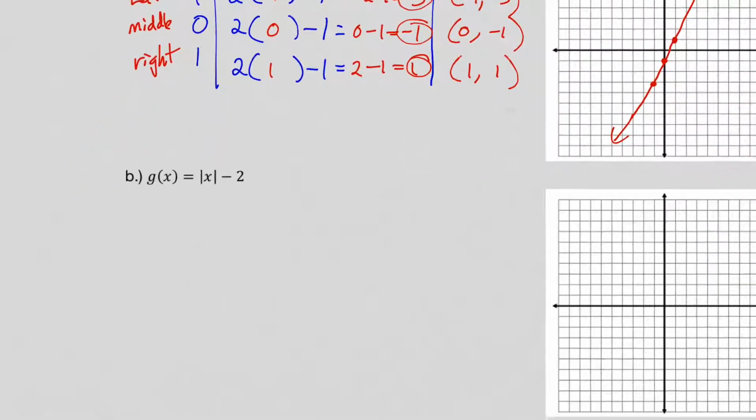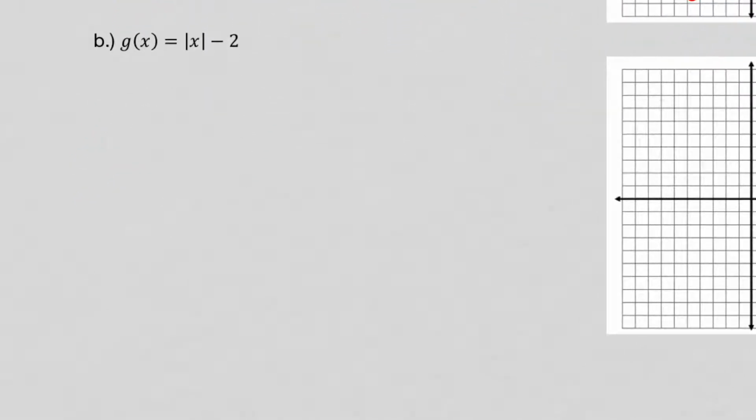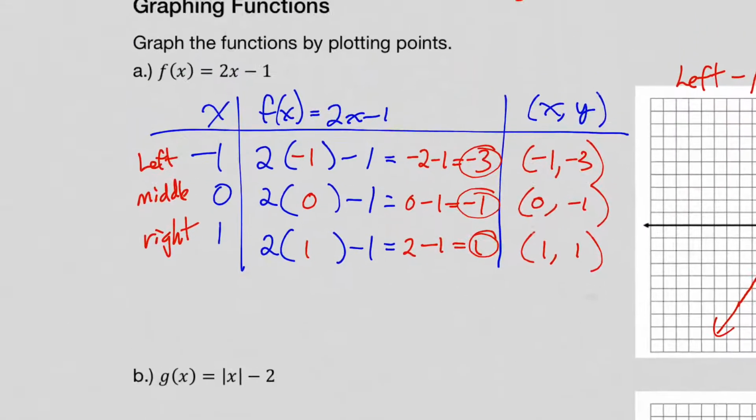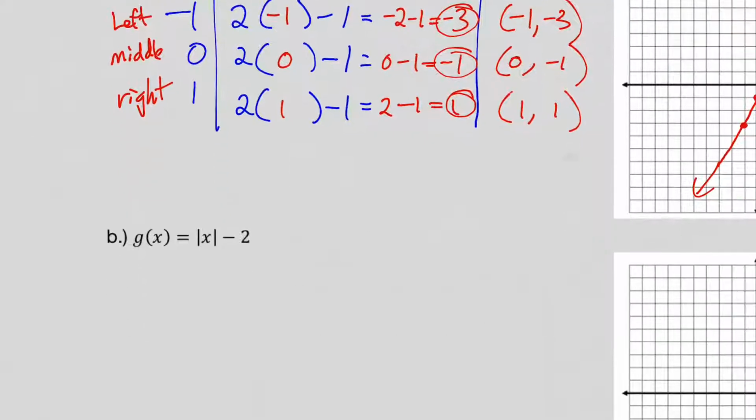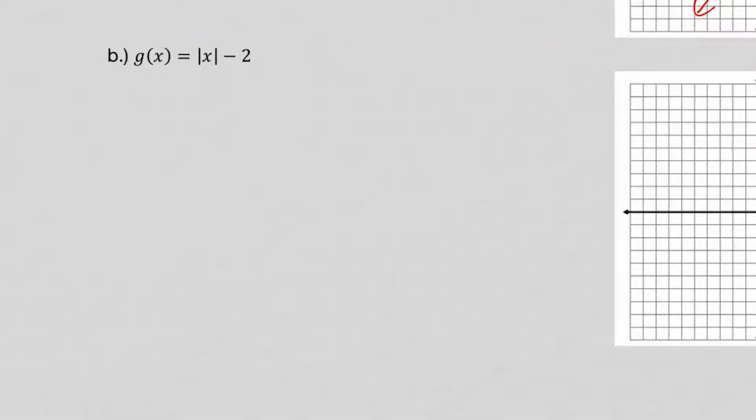And in function g, we have an absolute value sign. All right, so g of x is going to be an absolute value function. So this one was a linear function, and this is going to be an absolute value function.